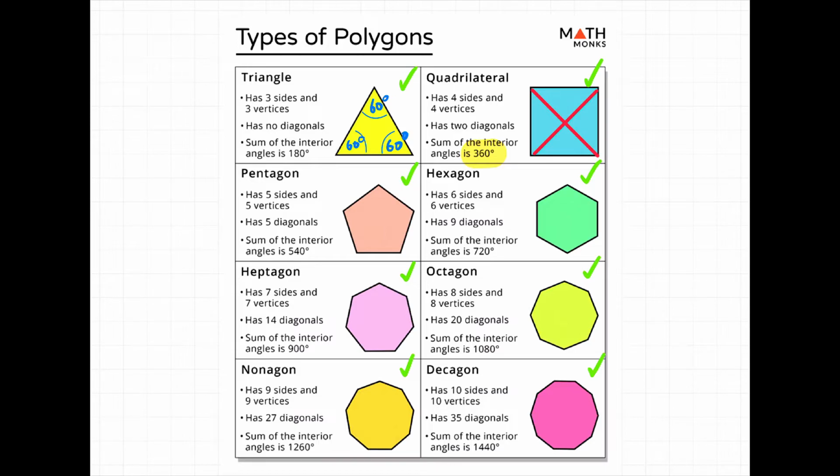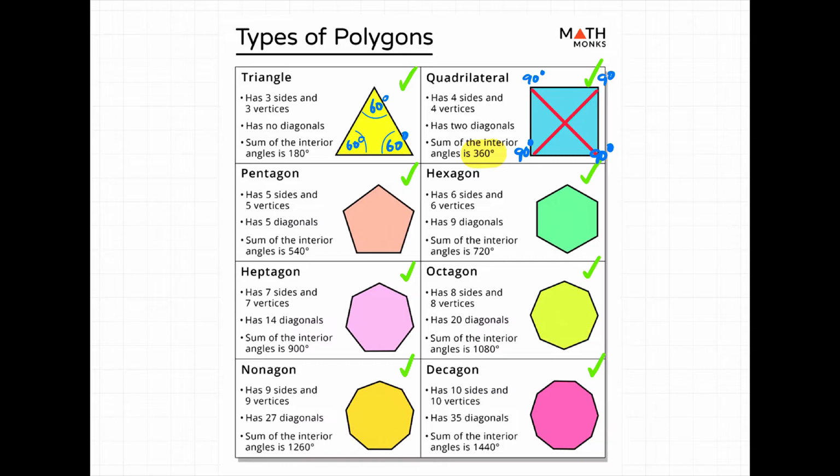So if I was to take 360 and divide it by the 4 angles, each angle would be 90 degrees. Okay, and you just need to take the same theory and move that down to all these other polygons. And I'll just do one more for you.